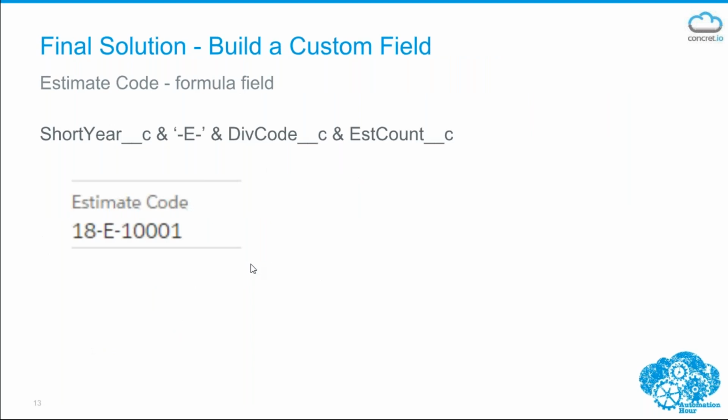And the final solution was to build a custom field that had different parts to it. So it wasn't actually an auto number field per se. It was a formula field. But some things about it were dynamic.